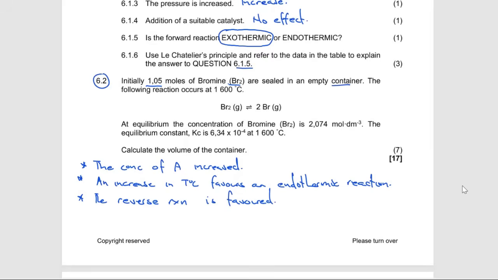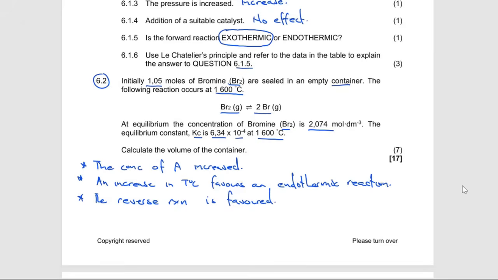The following reaction occurs at 1,600 degrees: Br2 gas reversible reaction 2Br gas. At equilibrium, the concentration of Br2 is 2.074 mol per dm cubed. Then the equilibrium constant Kc is 6,34 times 10 to the negative 4 at 1,600 degrees.